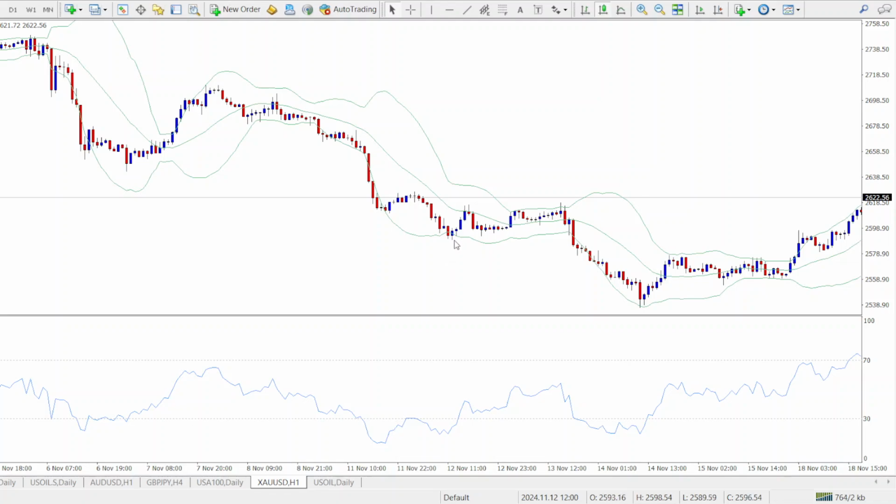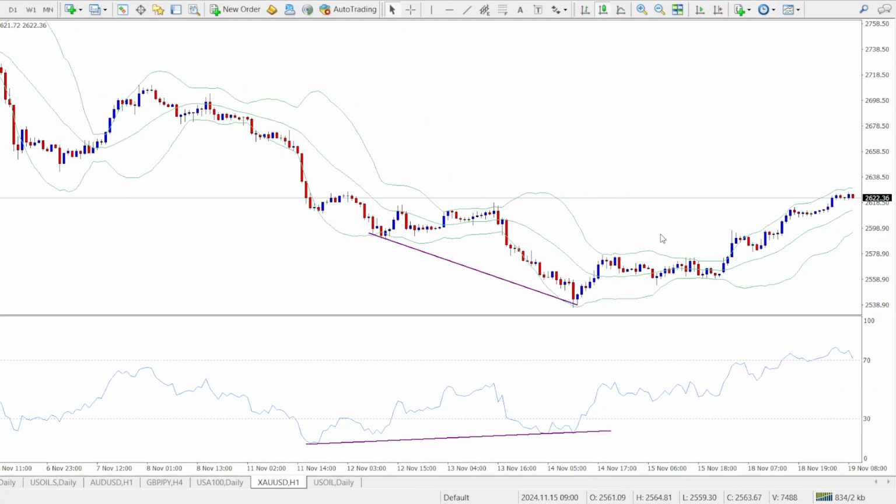Imagine that the price is testing the lower Bollinger Band and creating new lows, but the RSI is moving upward, as we can see. That's happening around here. Testing the lower Bollinger Band, creating new lows, but the RSI is moving upwards.